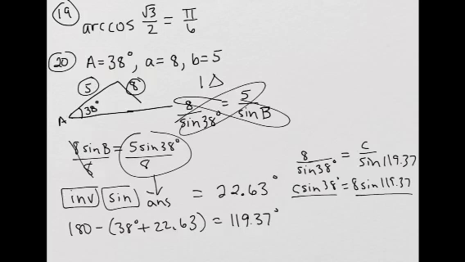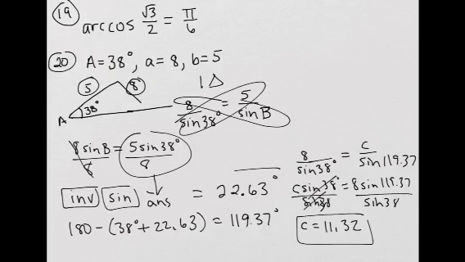Divide both sides by sine 38. And then you plug this into the calculator, again making sure that you're in degree mode. And I don't have the answer. Let me get my calculator. So you get 11.32. So side C is 11.32 units. So here are the three answers that you're missing.